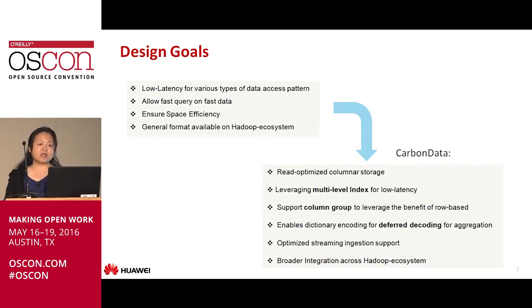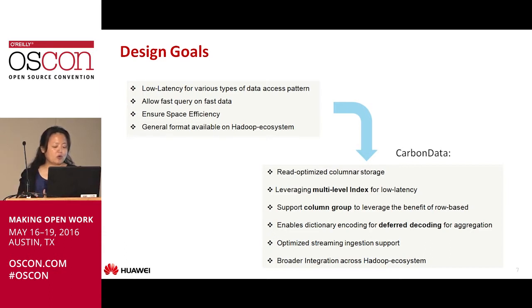To highlight some key differentiators of the CarbonData format compared to other columnar formats which already exist on big data platforms: CarbonData is a read-optimized columnar storage. How we do that is by leveraging multi-level indexes to achieve low latency. We can talk in detail later on. Supporting column groups is another way of getting the benefit of both row-based and column storage.